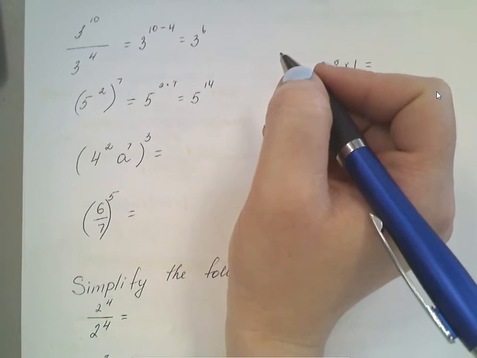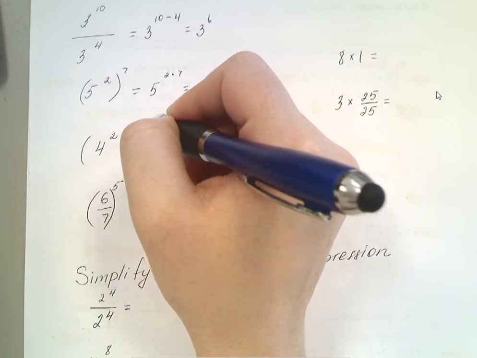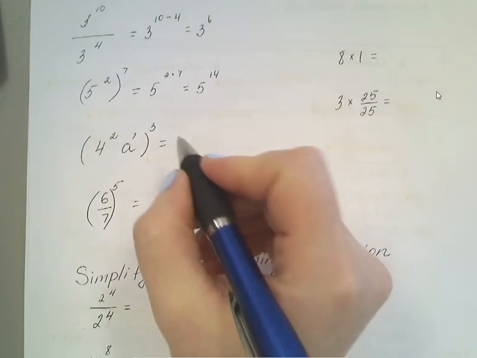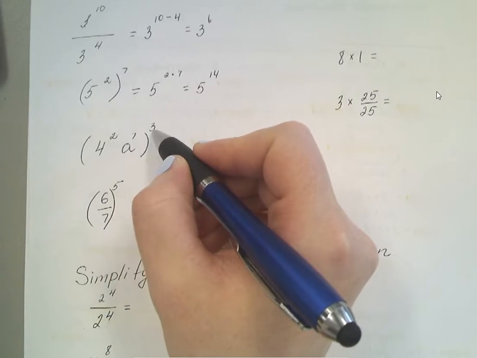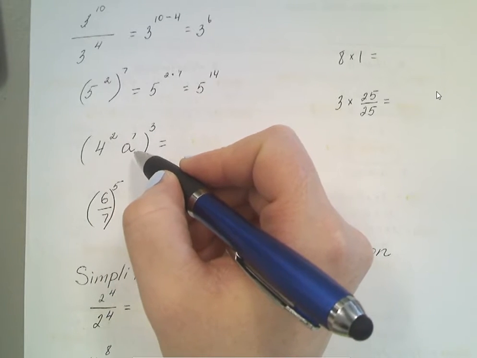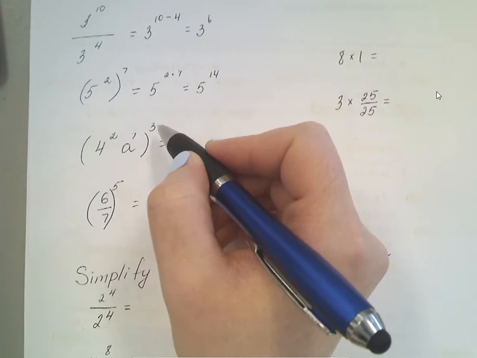Next one, 4 to the 2nd times 8 to the 7th raised to the power of 3. What that is, 4 taken by itself 2 times, multiplied by itself 3 times, and 8 taken by itself 7 times, multiplied by itself 3 times.